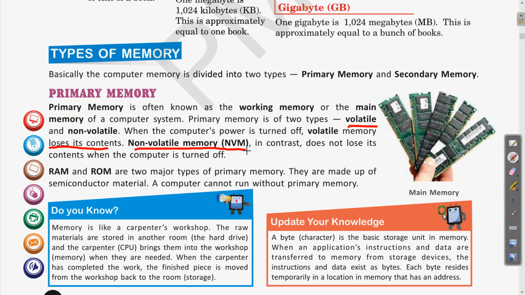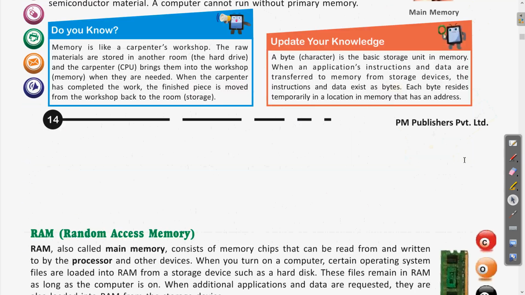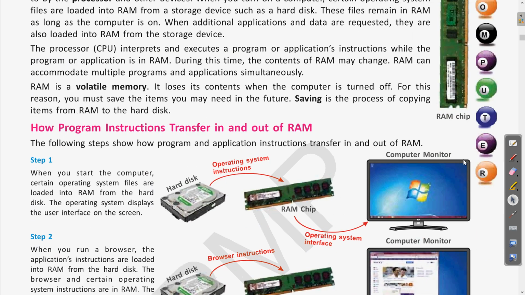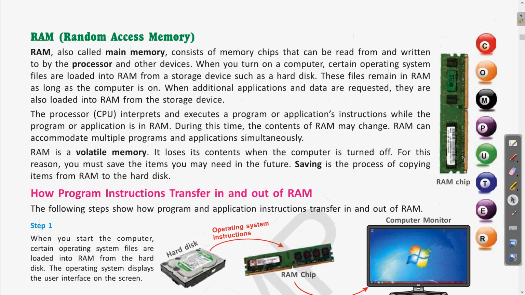On the basis of volatile and non-volatile, we have seen the primary memory is classified into two types: one is RAM and another is ROM. RAM is volatile and ROM is non-volatile. In the previous class we went through what exactly RAM is, and also the different types of RAM.